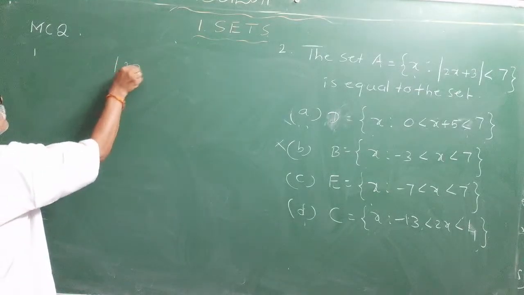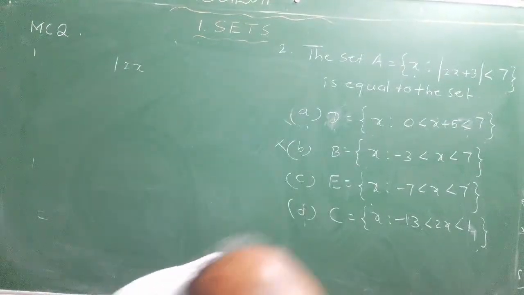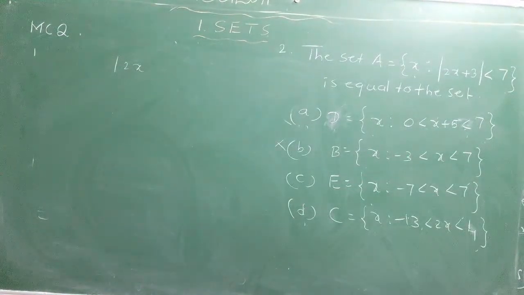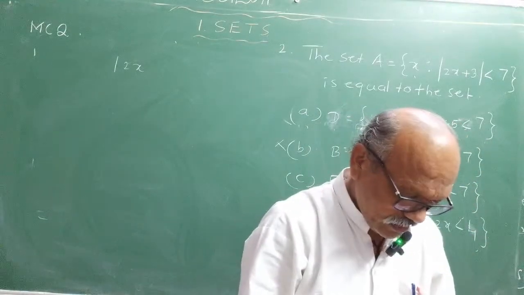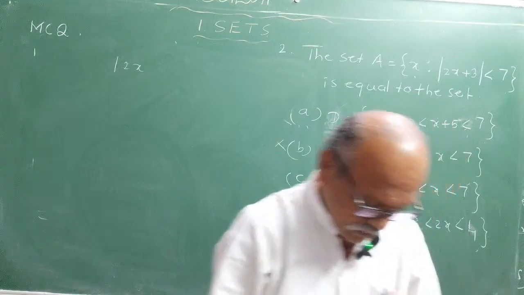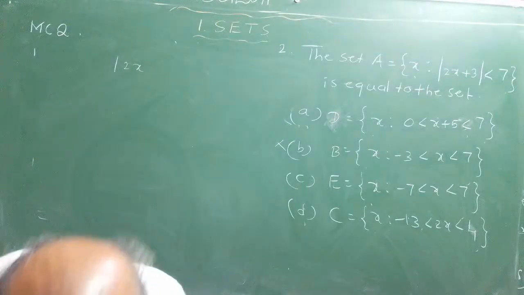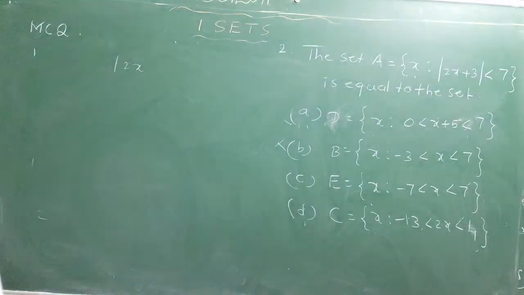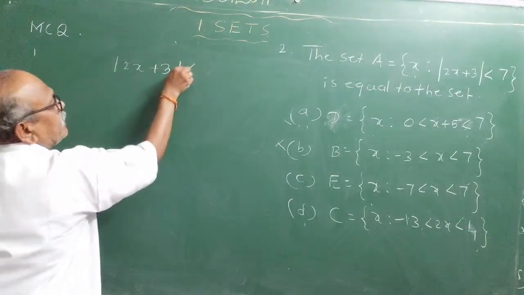Given that modulus of 2x plus 3 is less than 7.